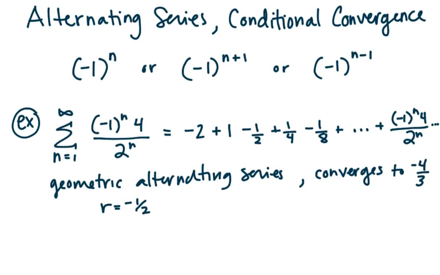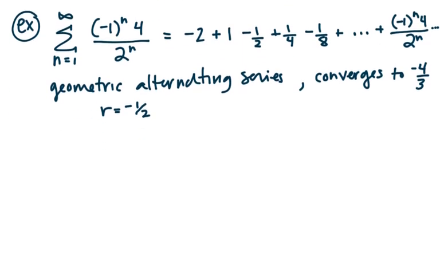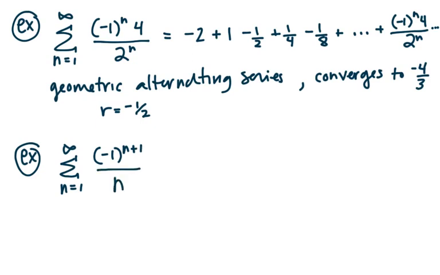All right, let's see. Another alternating series, and we're going to do an example with this one here in a second. We've got the sum n equals 1 to infinity, -1 to the n plus 1 over n.